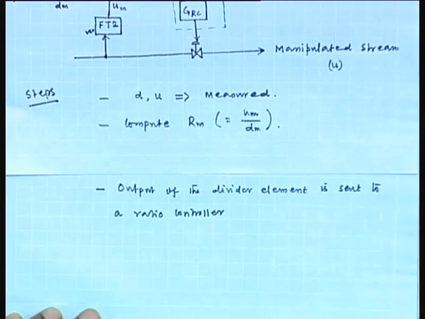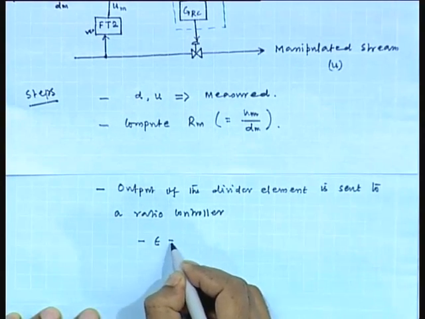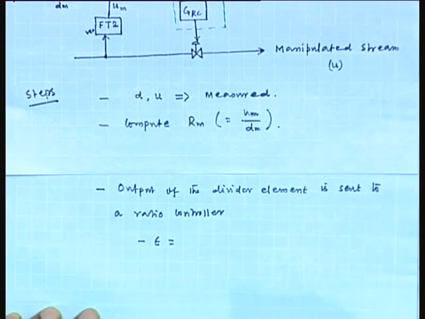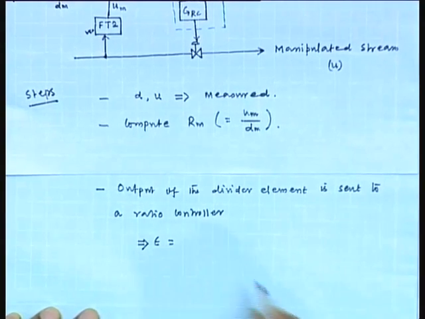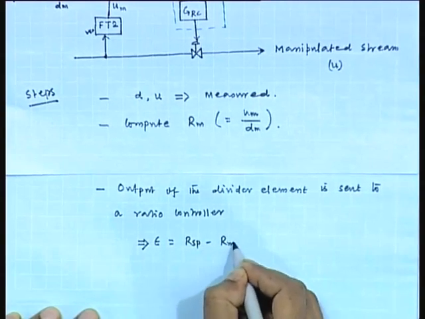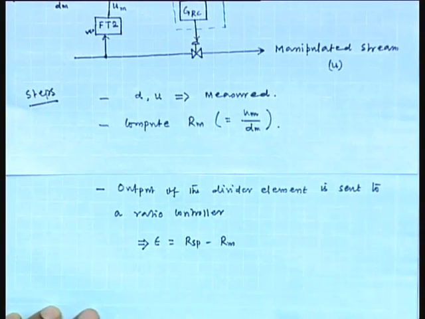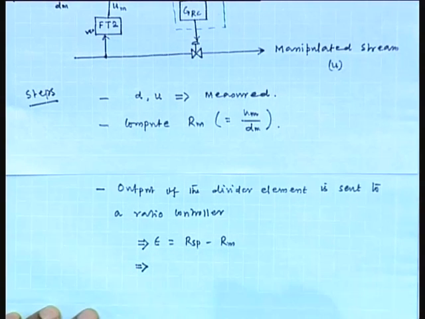In this ratio controller, first the error is calculated by comparing Rm with RSP. And then the ratio controller takes action.